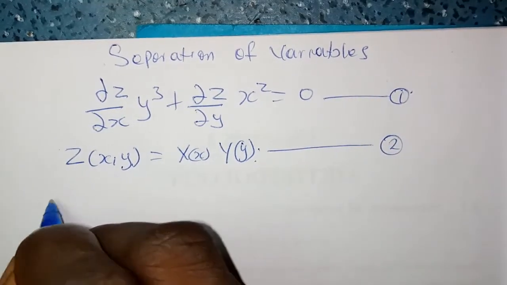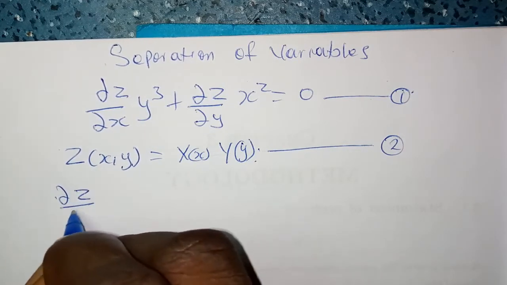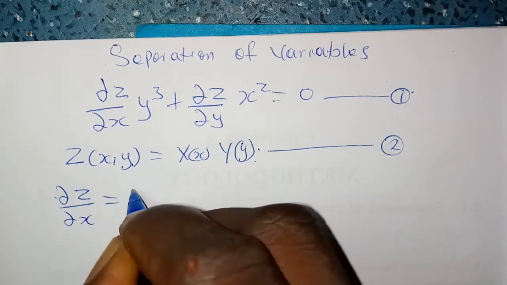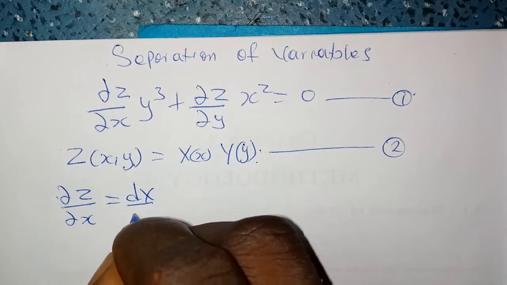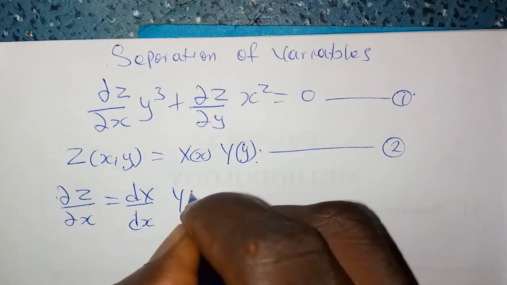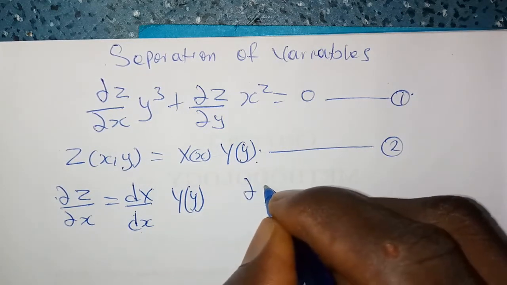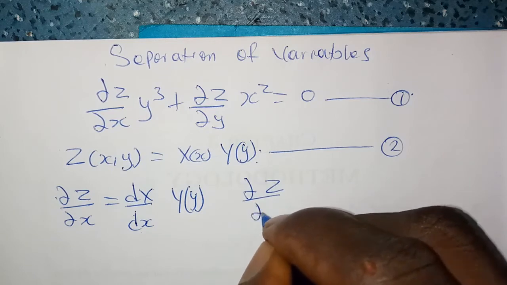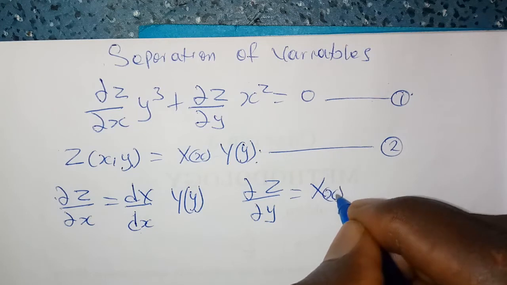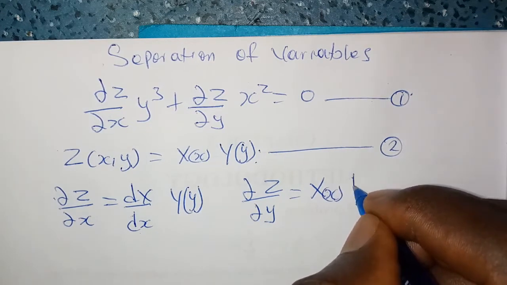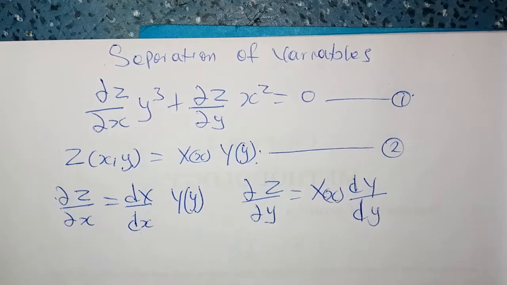We differentiate this equation with respect to x, such that we have partial z partial x equals to the, while we differentiate the other part, and we get, which is equals to X of x, dY over dy.